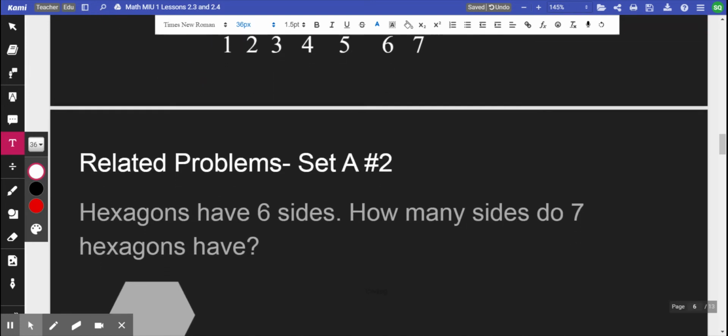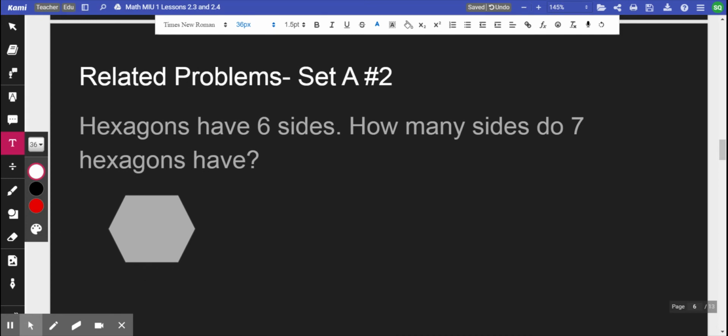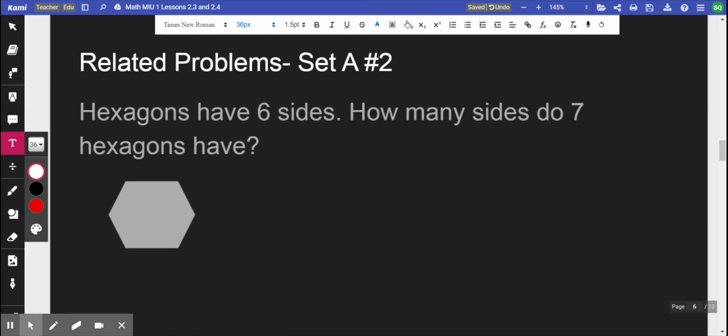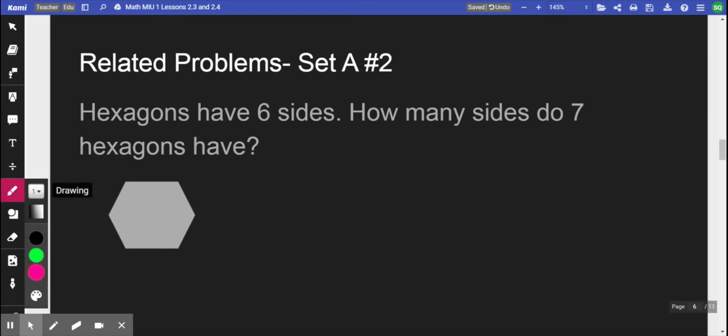Now let's look at the next problem. Hexagons have 6 sides. How many sides do 7 hexagons have? Well, let's do a chart. So there's 7 groups because there's 7 hexagons. There's 6 in each group, and I don't know this.